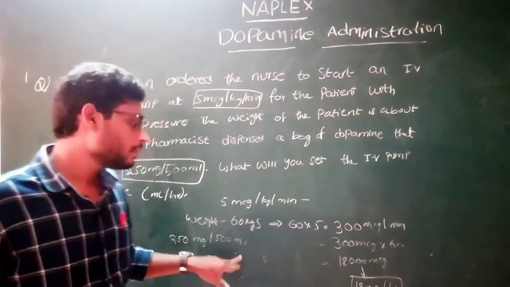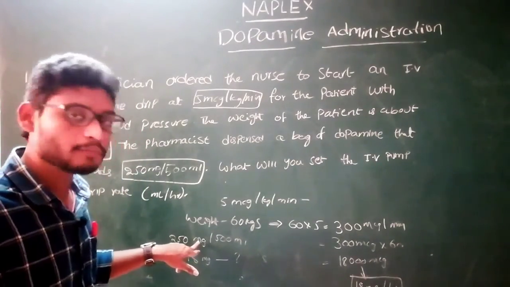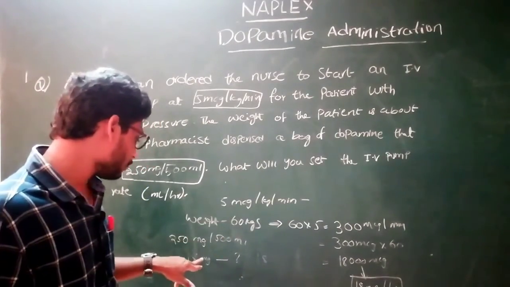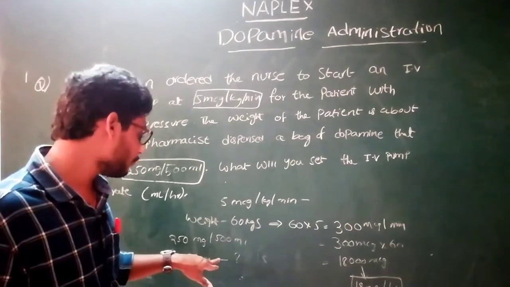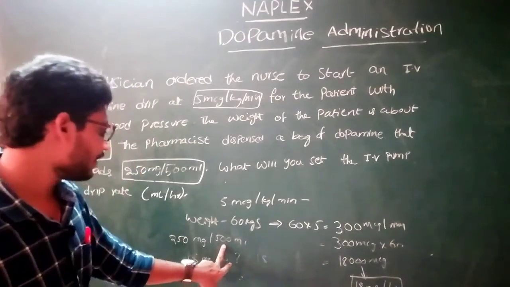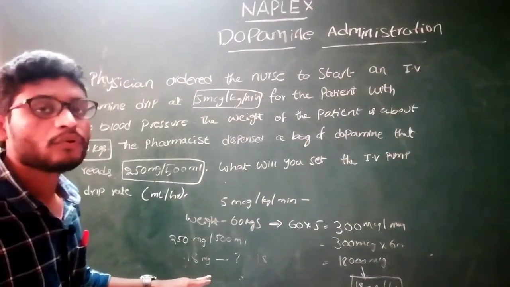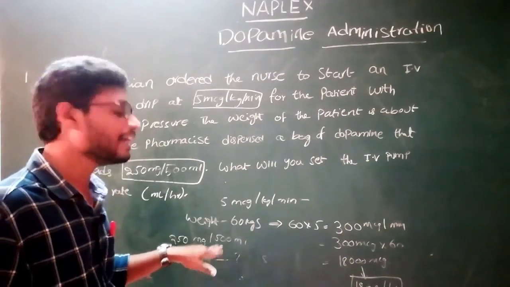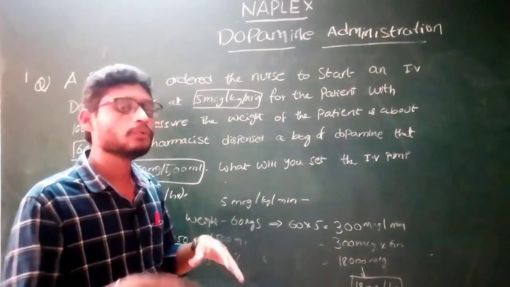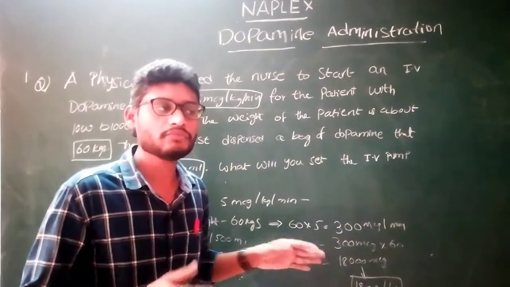Okay, we have to do the calculation: 250 mg of dopamine is present in 500 ml of the solution, so you have to know the amount of fluid that contains the 18 mg. So 18 into 500 divided by 250, then you will get the amount of fluid that contains a total of 18 mg of dopamine. Okay, so that is the ml that you have to administer by IV infusion for an hour.